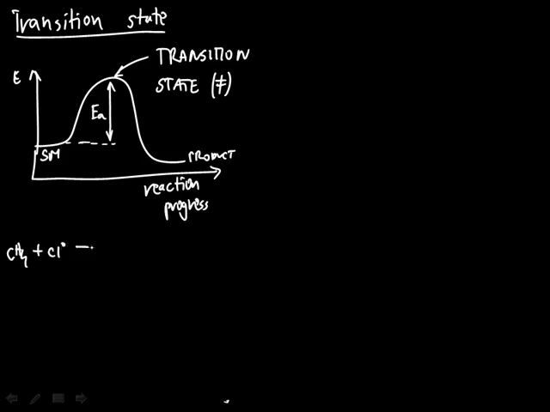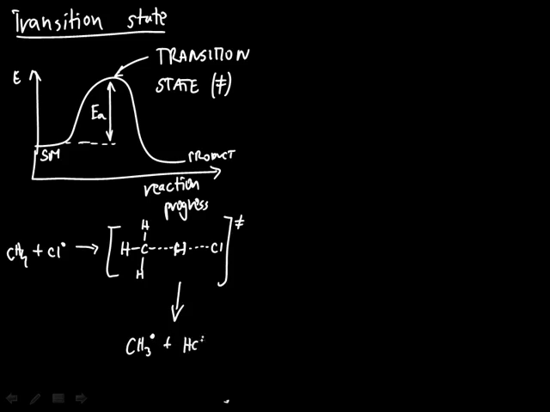So in the structure of a transition state, in our case, the bond between hydrogen and carbon is partly broken while the bond between hydrogen and chlorine is forming. So this will be our transition state, which would then collapse into methyl radical and HCl. Okay?